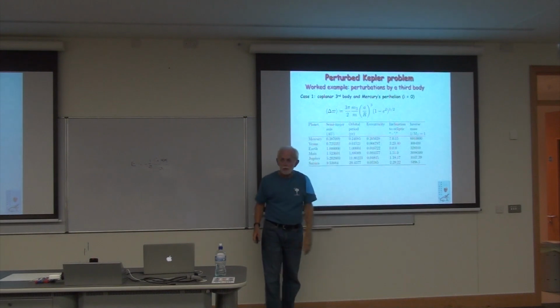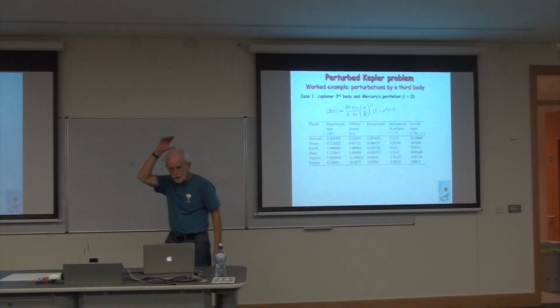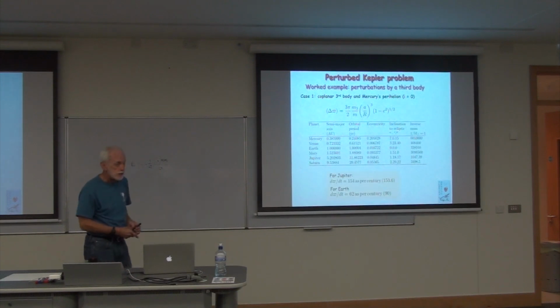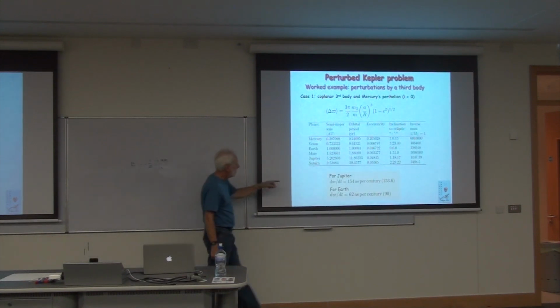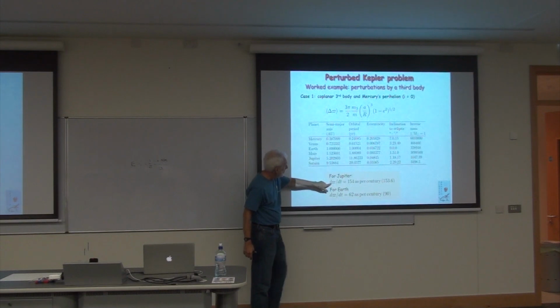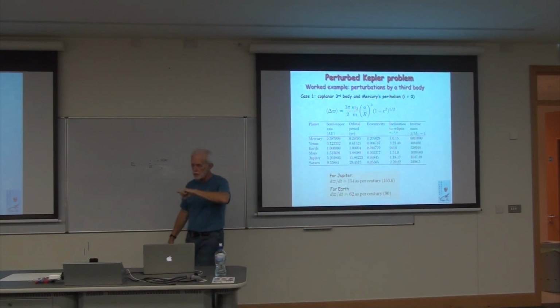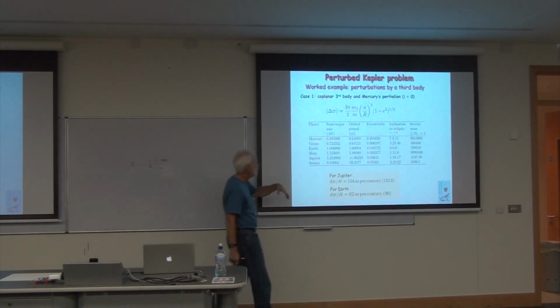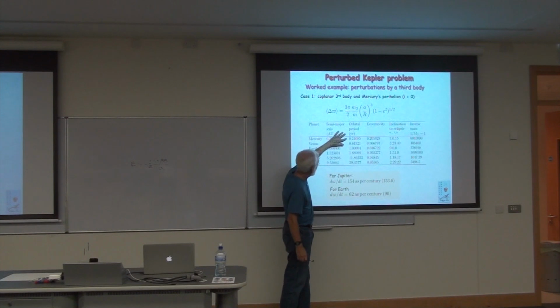And so we can work out the effect of each planet on Mercury's orbit. And here's what you get. For Jupiter, this is the biggest effect. The effect you get is 154 arc seconds per century. So you get a certain number of radians per orbit, but then you take the orbital period of Mercury. That tells you how many radians per year.